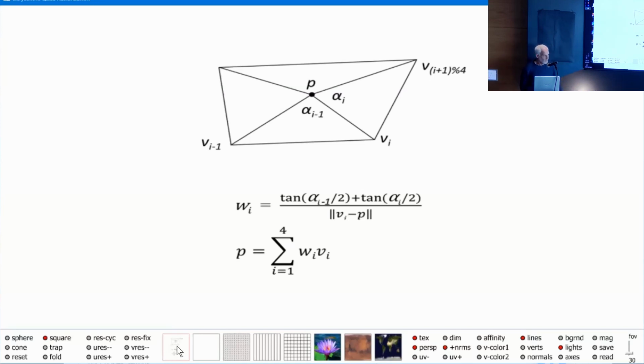At a pixel within the quadrilateral, we want some sort of weighted averaging of the attributes of the four corners. The solution that Hormann and Tarini came up with is to determine the weights based upon the angles formed at the pixel and two of the corners of the quadrilateral.